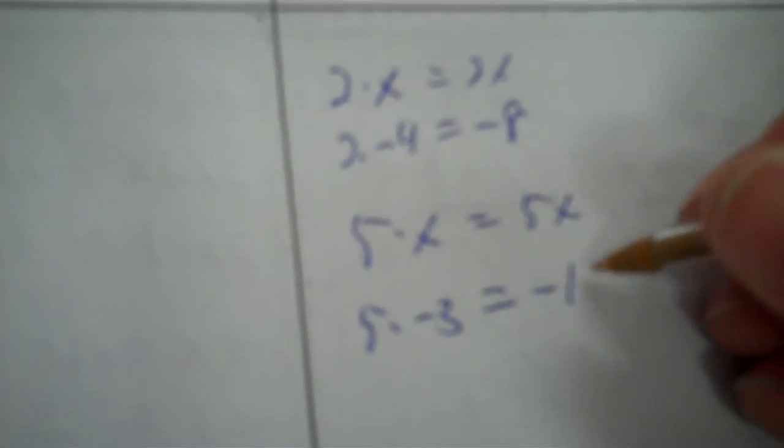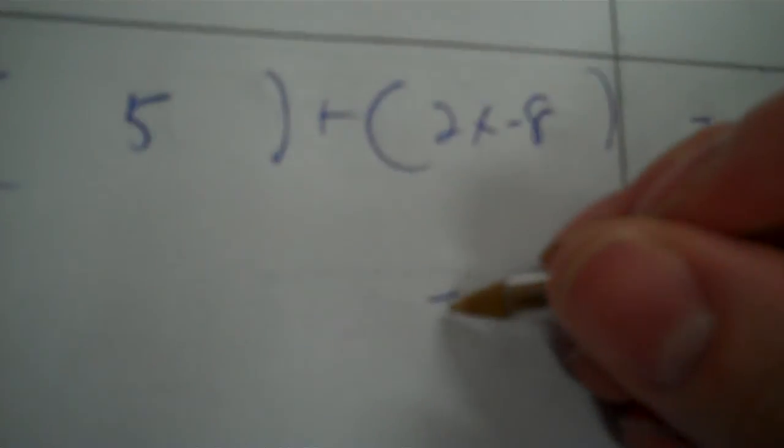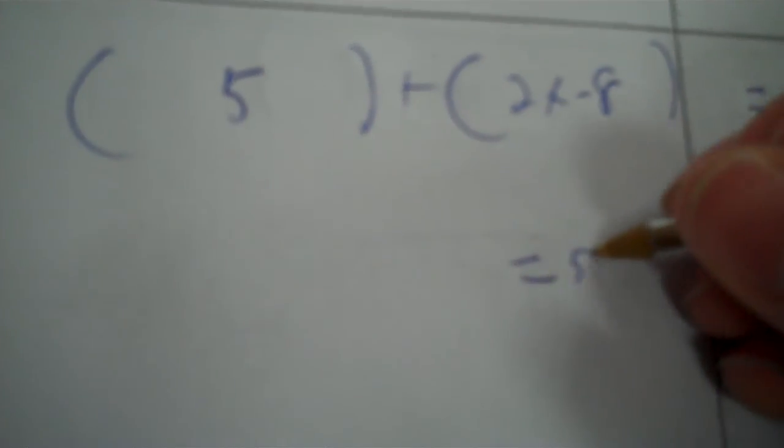It's going to be 5x and negative 15. Okay, so this you just write over 5x minus 15. You got constant, x, constant. So it's going to be x and a constant. So x is 2, 5 plus negative 8 is negative 3.